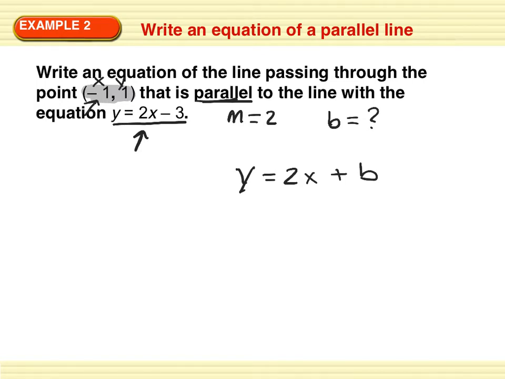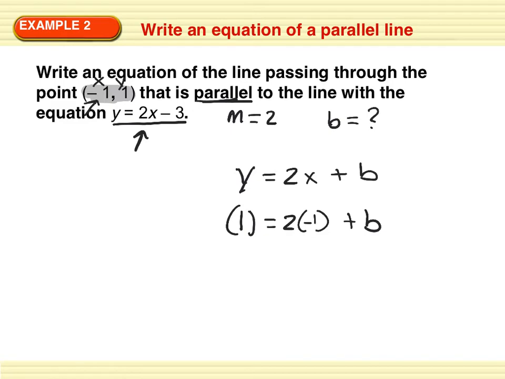What that means is when I plug in negative 1, I get back 1. So watch what happens here. I'm going to plug in that y, which is 1, equals 2 times the x, which is negative 1, plus b. Well, what does that do for me? When I do this, what's going to happen? What am I going to have at the end? What information will I have?